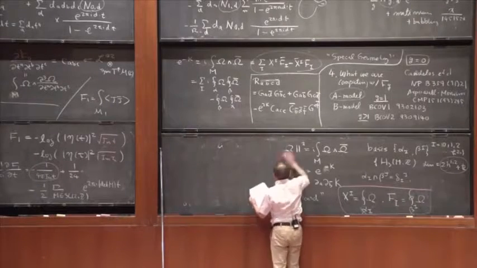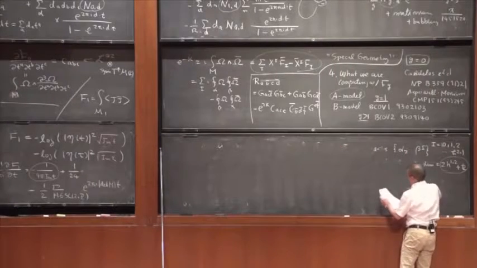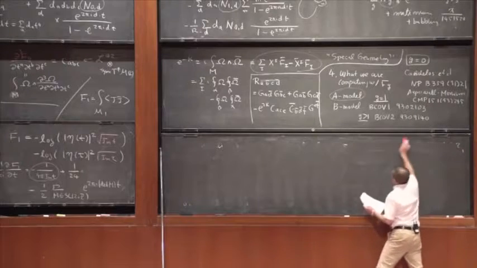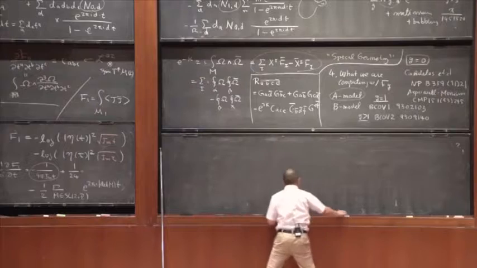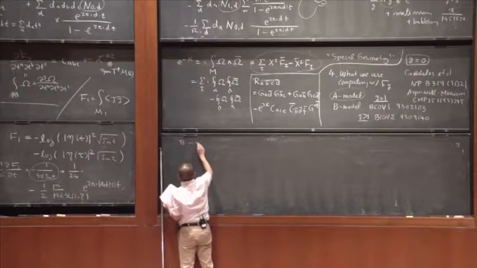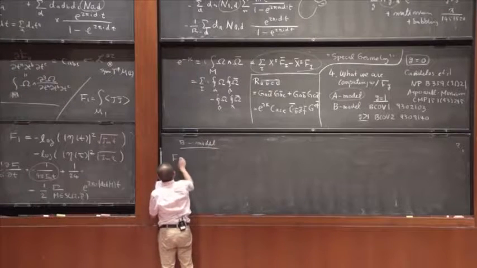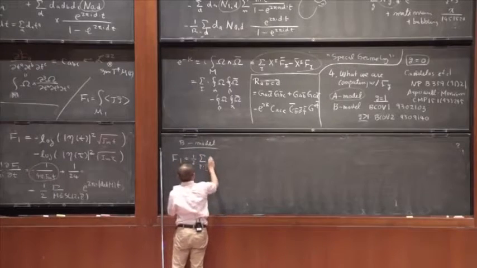And this is related to, in the case of B model, so-called Quillen anomaly. So I remind you that this was A model, but in the case of B model, in general, F1 is given by sum of determinant of Laplace operator.